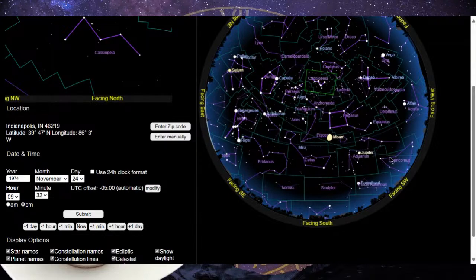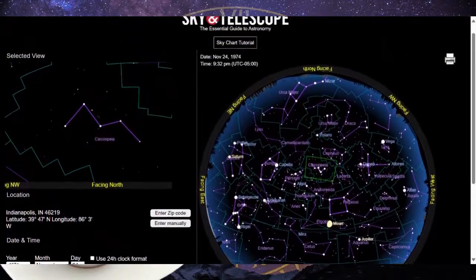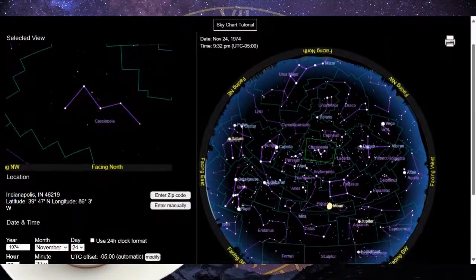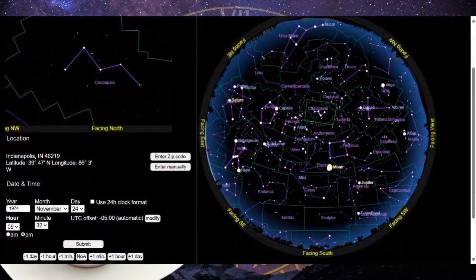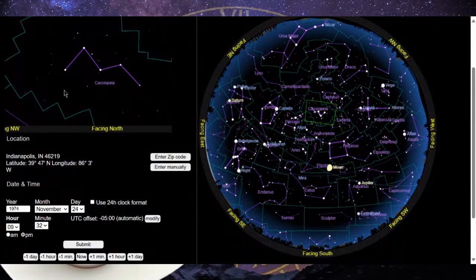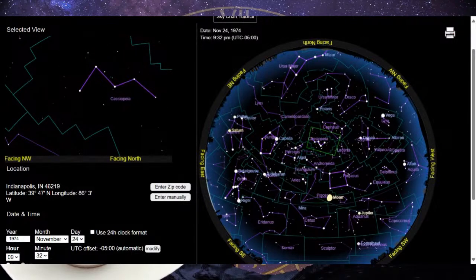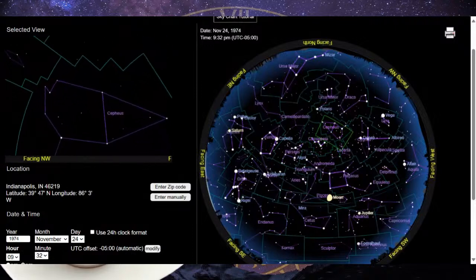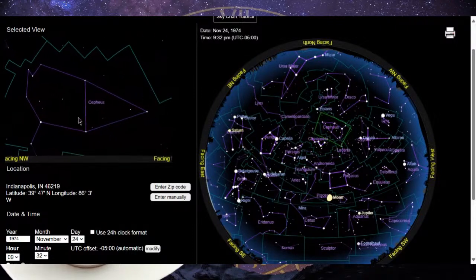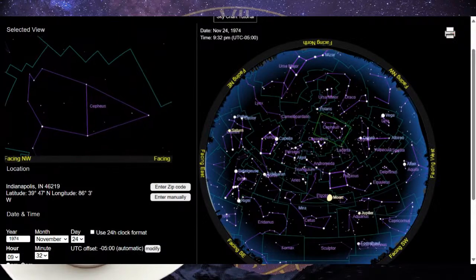I needed to see that, which is the unseen part below the horizon on the birth chart, on any chart. Over here, we have the magnified view of what you choose and select. So first we have Cassiopeia here. You'll see me moving the green square, and over here we can see the magnified view of what I am searching.